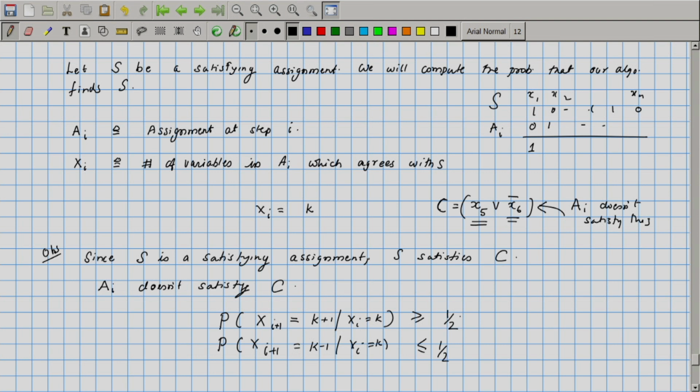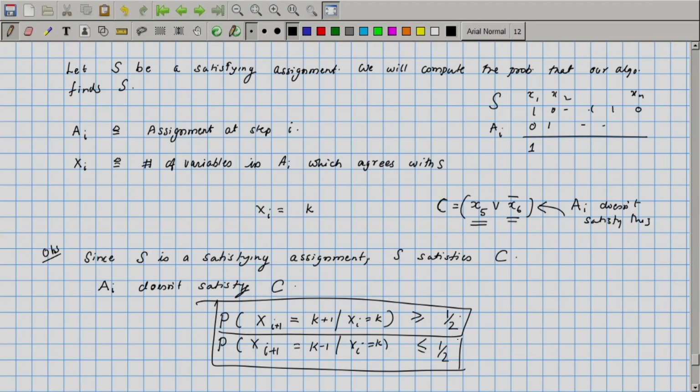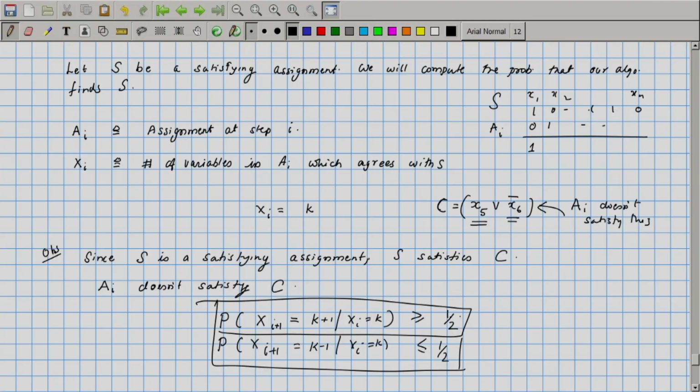Since this probability is greater than half, the other probability is going to be less than half. So, does this behave like a Markov chain? Well, not really. If this was equal, then it would have been a Markov chain, but we can construct another Markov chain which behaves nicely.